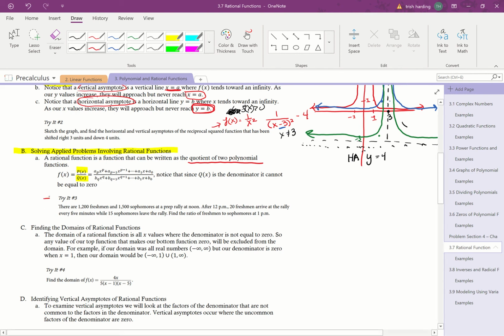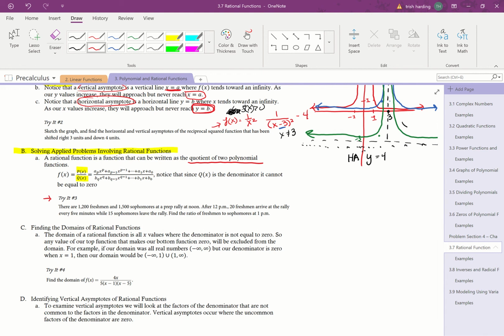So here is a try it. There's 1,200 freshmen and 1,500 sophomores at a pep rally at noon. After noon, so after 12 p.m., 20 freshmen arrive at the rally every 5 minutes, while 15 sophomores leave the rally. Find the ratio of freshmen to sophomores at 1 p.m. Okay.